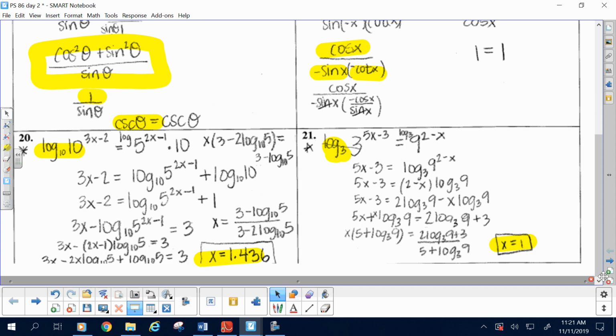The log of two things multiplied, if you want to break that up so you can do each one separately, the log rule is that it's the log of a plus the log of b. So when you take the log of the whole right side, it actually turns out to be a sum. That is a rough one, so be careful.